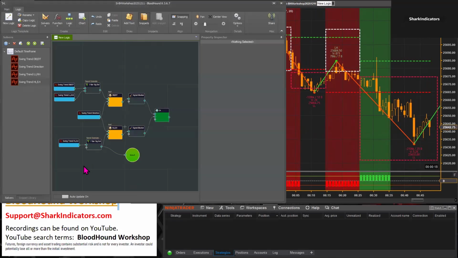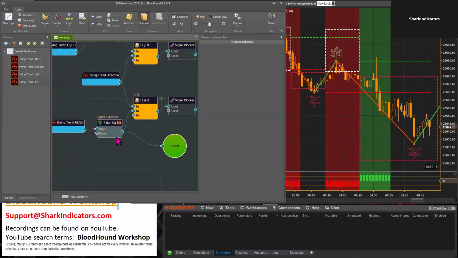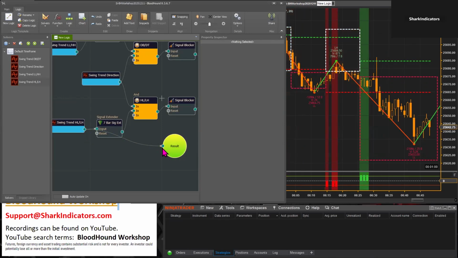So we're looking at our signal extender. It's extending for 7 bars. So my counting actually was off by a bar.